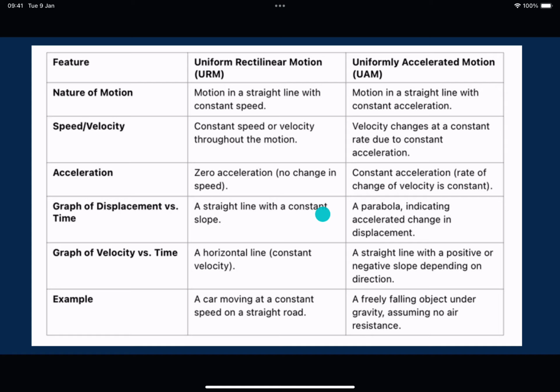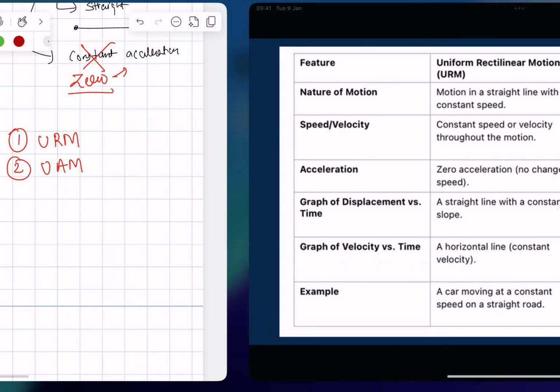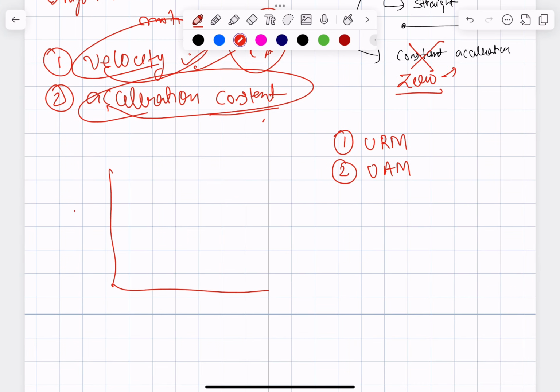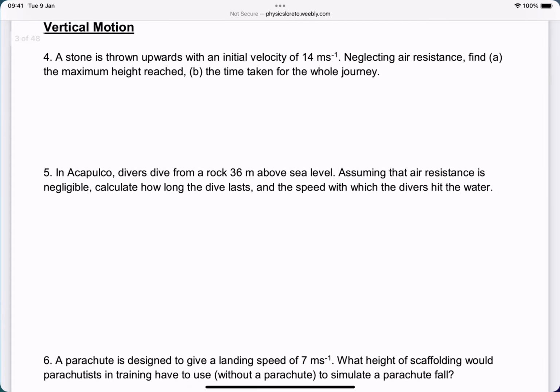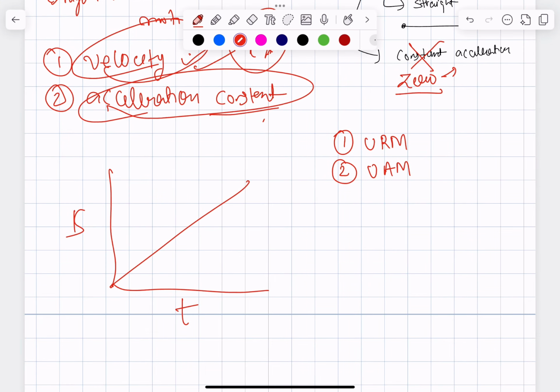For example, if we make a displacement-time graph, there will be a straight line graph for uniform rectilinear motion. Here it will be a parabola, indicating accelerated motion. So we know the parabola is something like this.